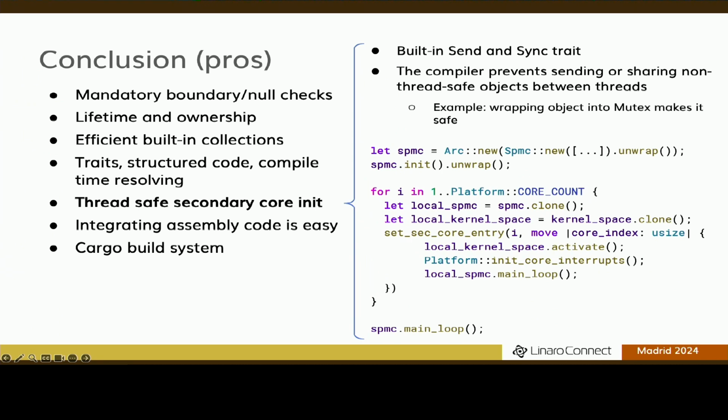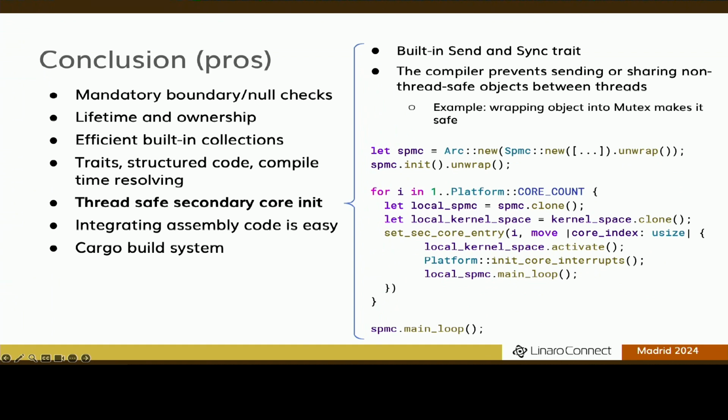Another example we have from our project is the secondary core initialization. So here, this is the code we boot on the primary core, and we create the main data structure describing the SPMC, and this is the code that we want to run on the secondary cores, and we want to access this SPMC somehow from the secondary cores.